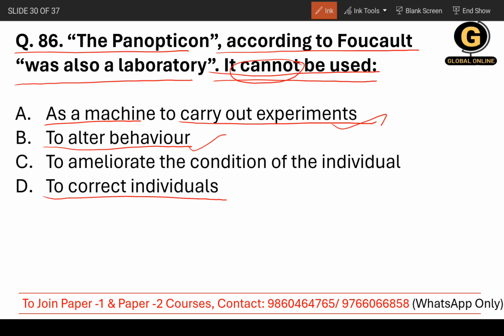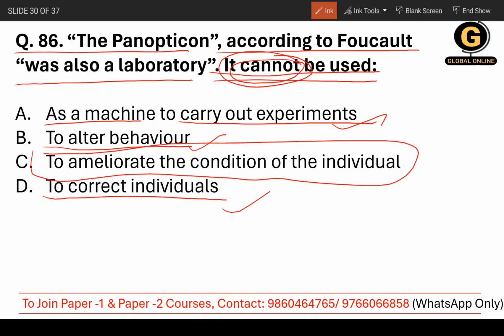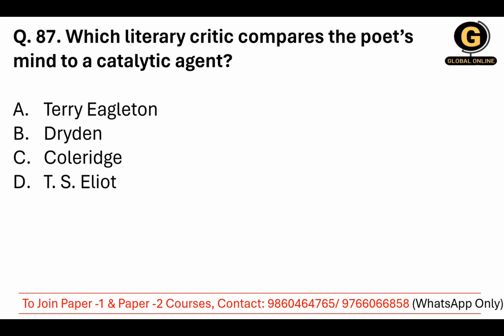So the question is asking what it cannot be used for. Of course, the only option we can think of is to ameliorate the condition of the individual. Ameliorate basically stands for changing someone's behavior. Okay, moving on to question number 87.